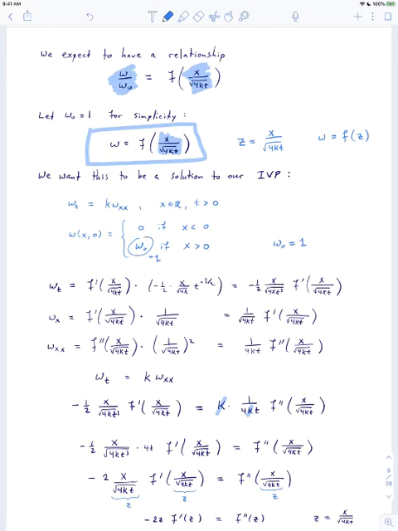Okay, so let's just compute our partial derivatives. Here we don't know what f is, at least not yet, so we have to use the chain rule, and we have this f prime here.